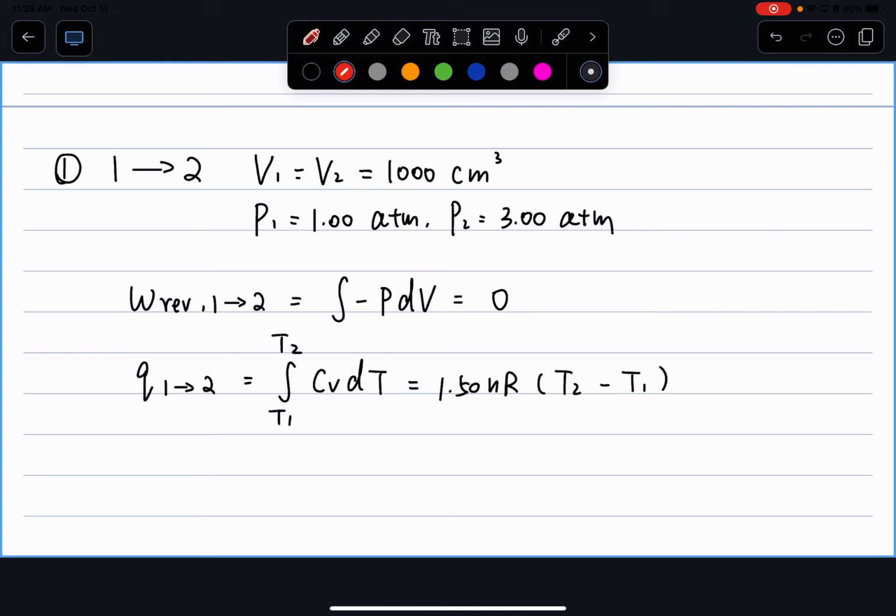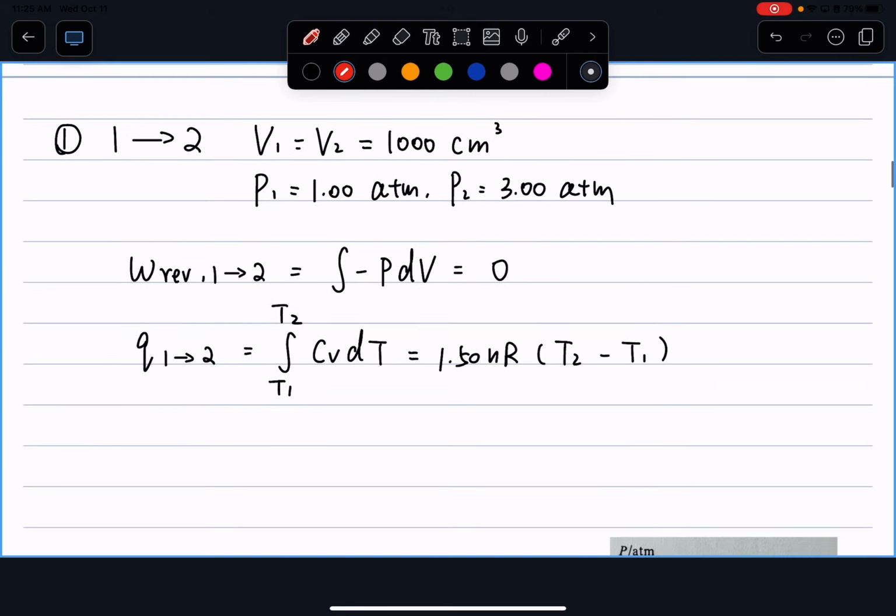Here, we know it's our ideal gas, so you can write T as a function of P and V. So we have 1.50 nR times P2V2 over nR minus P1V1 over nR.